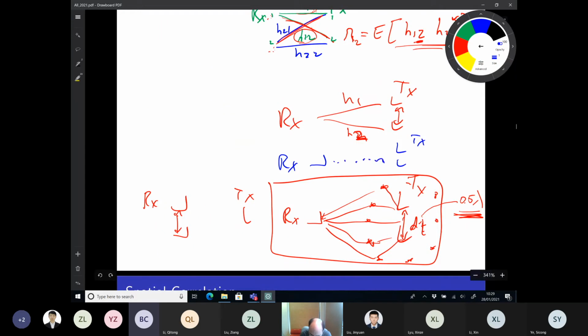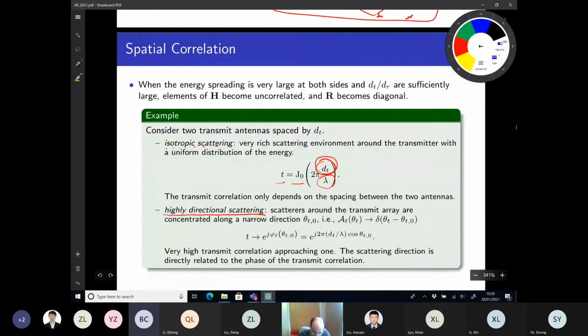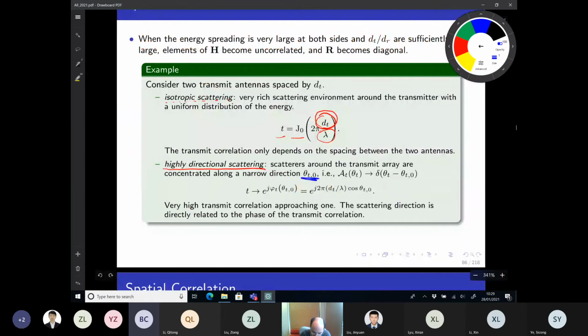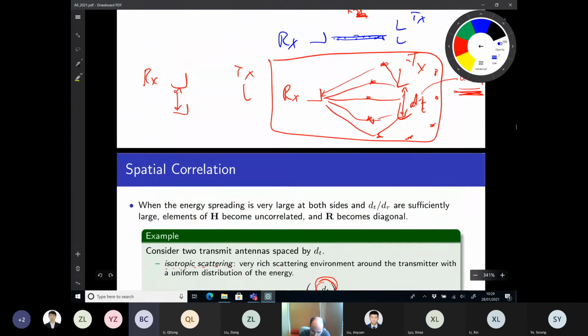They're all in just one direction, not isotropically surrounding the transmitters. I could have a direction like this, all in a direction like this, that's okay, but they're all in one direction.